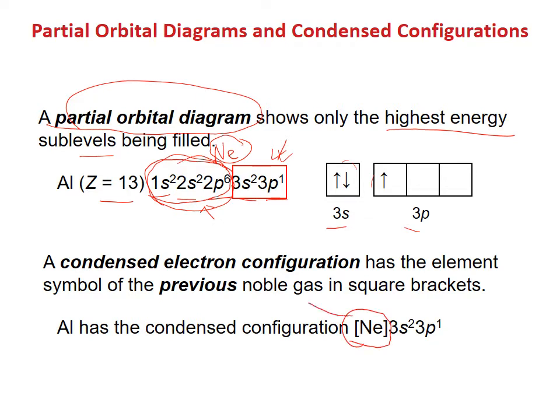This represents 1s2, 2s2, 2p6, so the second shell is full, and that's the electron configuration for neon. Then the 3 electrons go to 3s2, 3p1. So this symbol represents the condensed configuration of aluminum.